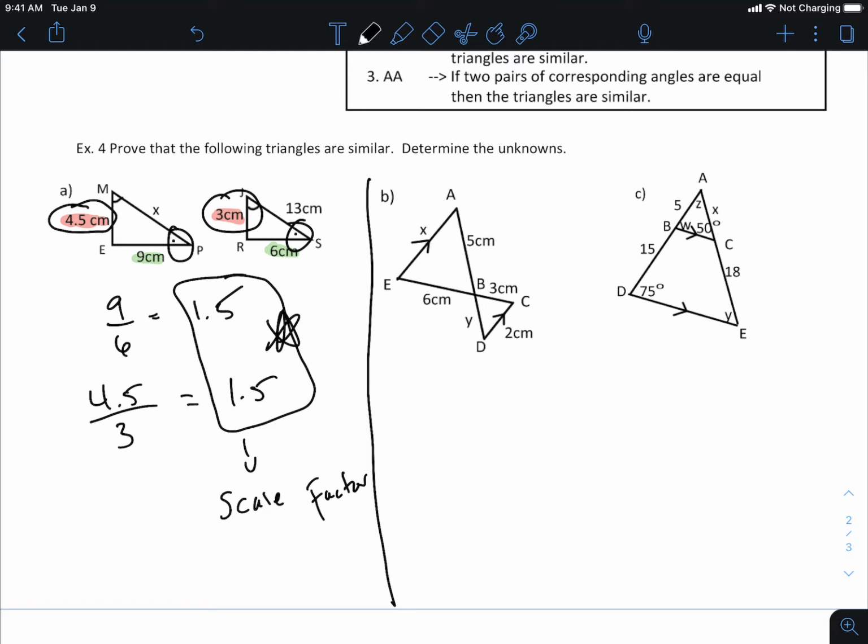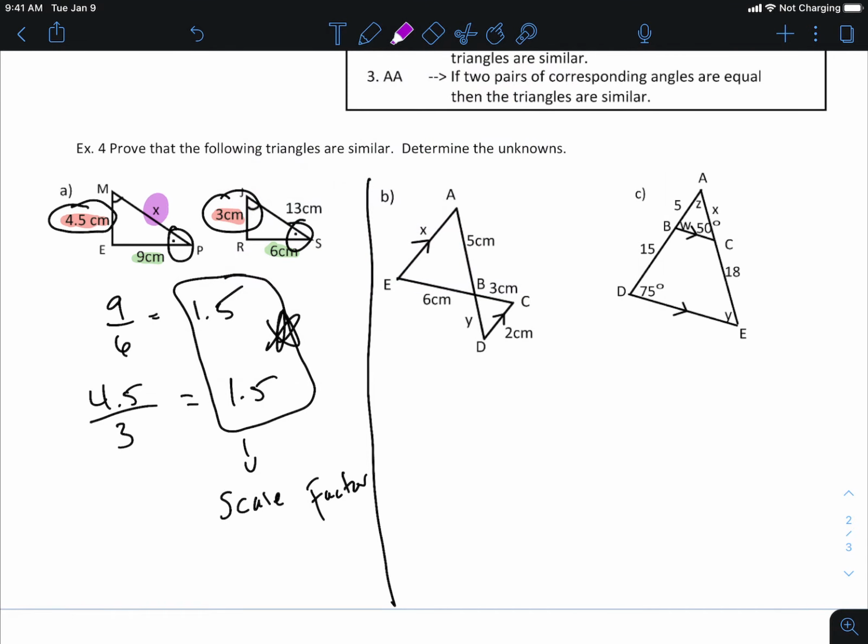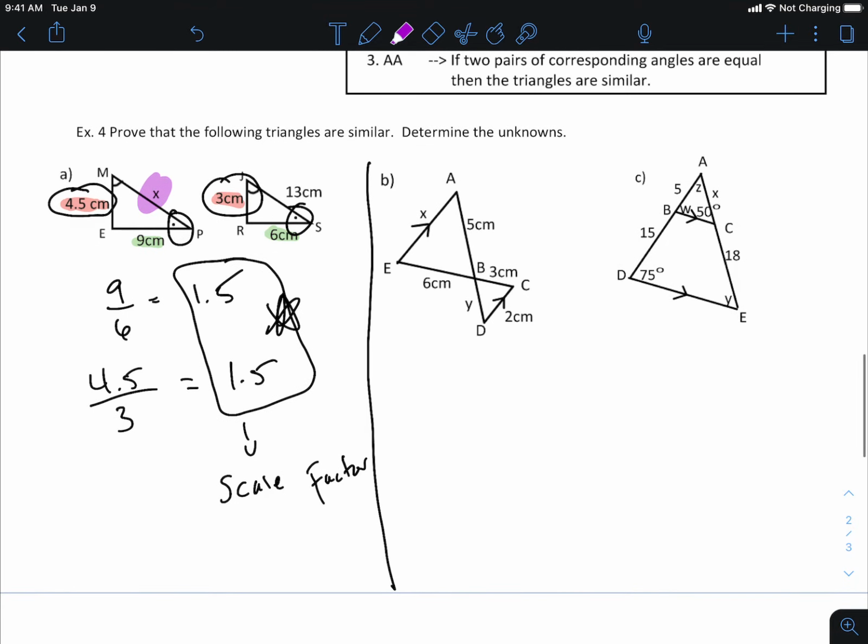If you find two triangles that are similar, this is the easiest method to solve that problem with. Okay, I can find x. How would I find x in this triangle right here? I'll highlight it. How would I find that? I just want to let that soak in right now. Just one sec. How would I find that?